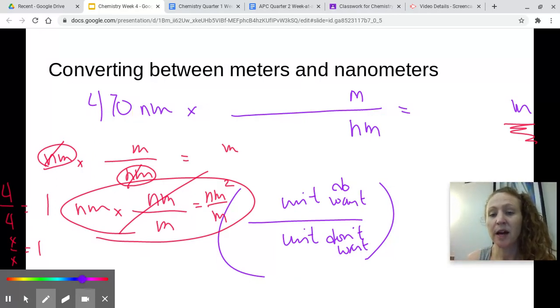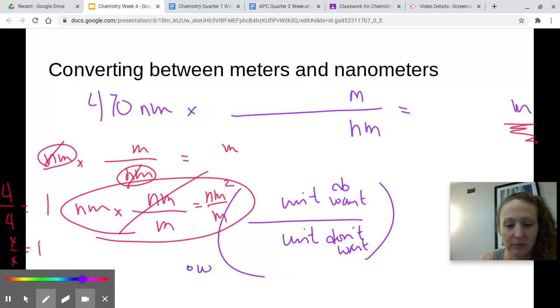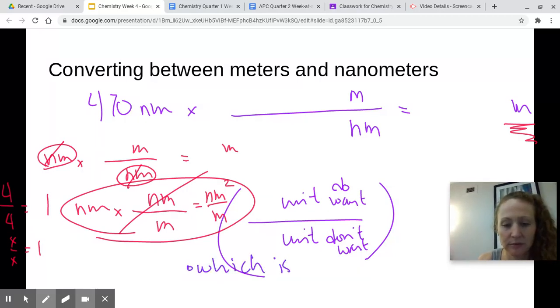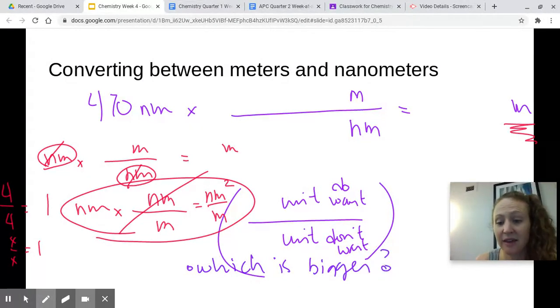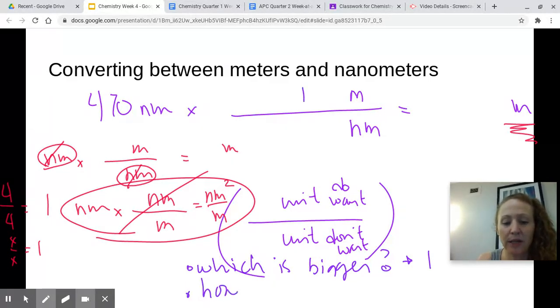So how are meters and nanometers related? The way I go about this is I think, which one's bigger, a meter or a nanometer? And I give that thing a 1. Meters is bigger. It's going to get the 1. Now I think, how many nanometers in 1 meter?